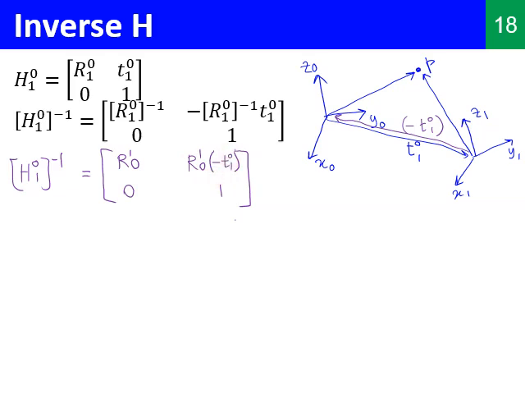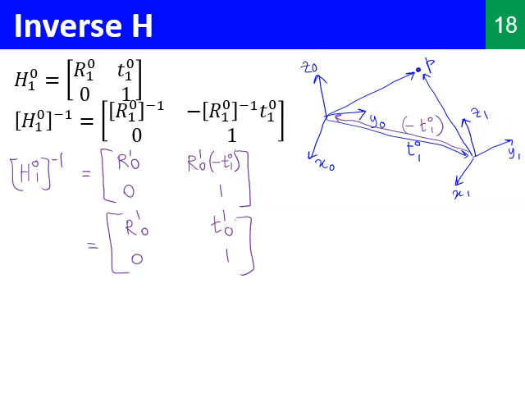If we are expressing that vector in frame number 1 using R10, what would that become? Will you agree if I write this T10? So it's this T0 vector expressed in frame number 1. Got it?